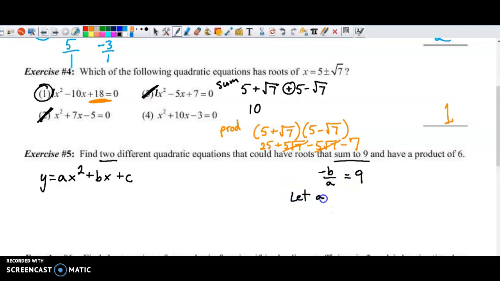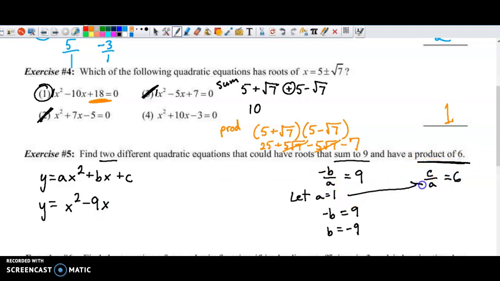Sometimes I actually write that out. Let a equal 1. Then negative b divided by 1 has to equal 9, so b must equal negative 9. So while I have that as part of an answer, a is 1, x squared minus 9x, then my product being c over a has to equal 6.